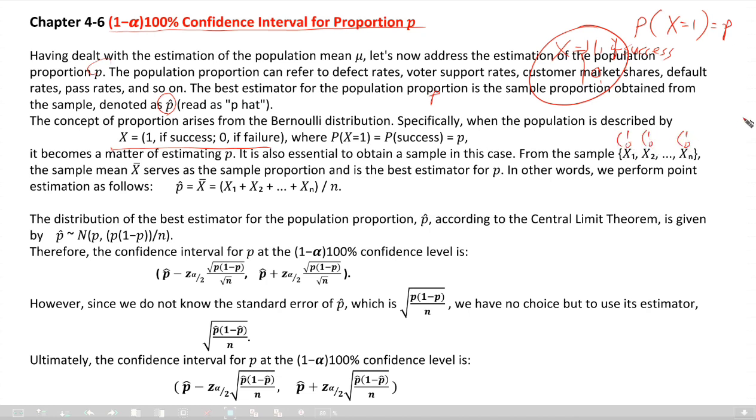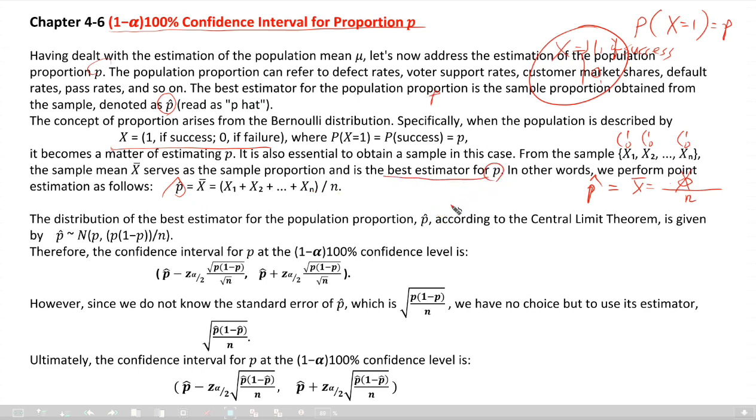So the sample mean x bar is the number of ones divided by the number of samples n. x1 plus x2 plus ... plus xn means the number of successes. So that is the sample proportion p hat. P hat is x bar, x1 plus x2 plus ... plus xn, divided by n. That is the best estimator for p.